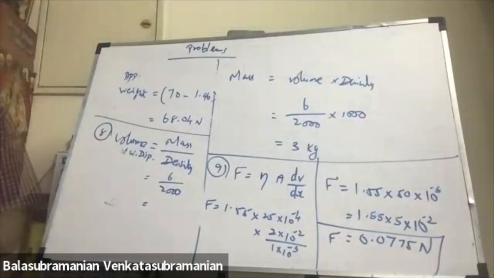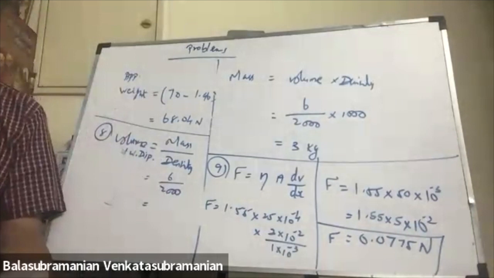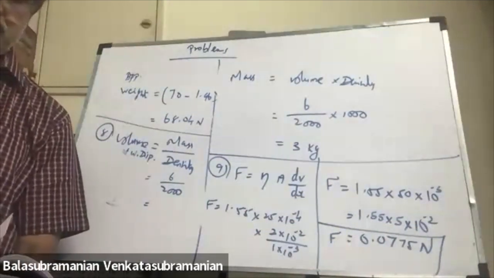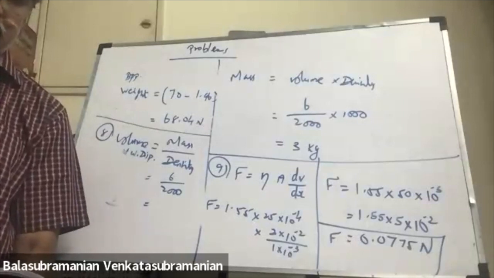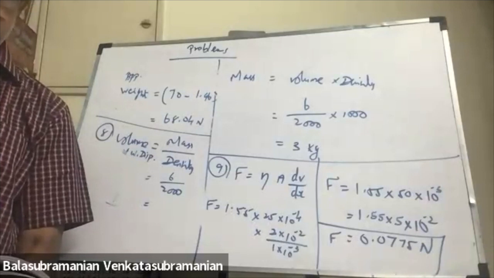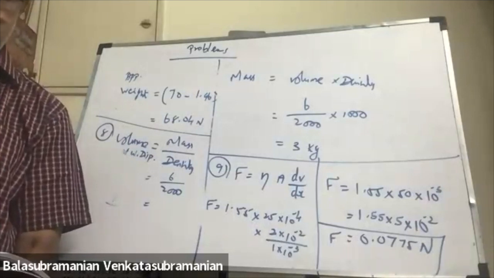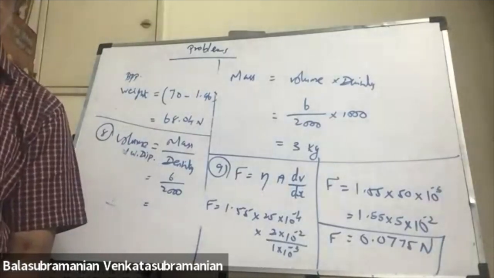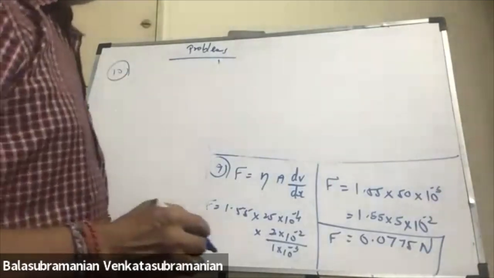Okay. So 10th problem. What would be the average velocity of water in a tube of radius 0.005 meter so that the flow is just turbulent? Just turbulent. Reynolds number formula we have to use here. What is the formula for Reynolds number?